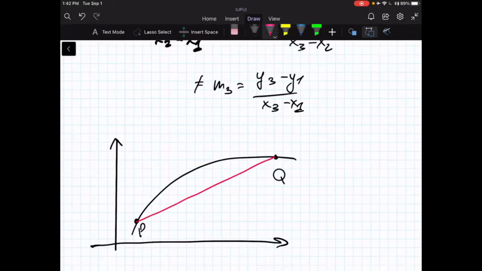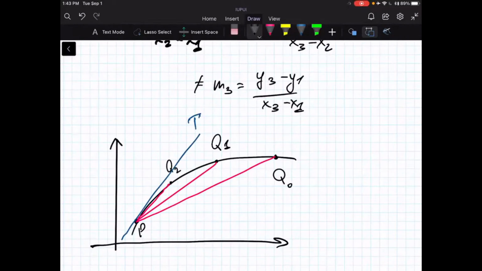So this is my first chord. Then I allow Q to become closer to P. Say this is Q0, this is Q1. Then my chord will look like this. Then, let's put it here, Q2, and it will be like this, and so on. And in the limit, when Q is very close to P, I will get something that looks like a tangent line.